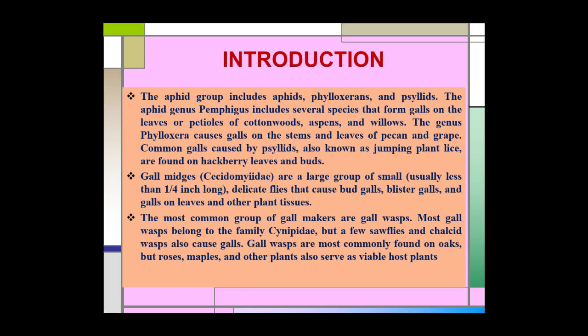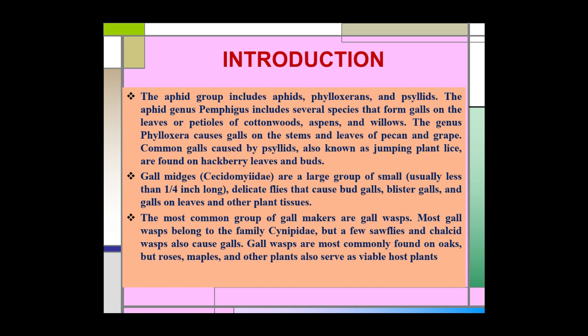Common galls caused by psyllids, also known as jumping plant lice, are found on hackberry leaves and buds. Gall midges are a large group of small, delicate flies that cause bud galls, blister galls, and galls on leaves and other plant tissues.